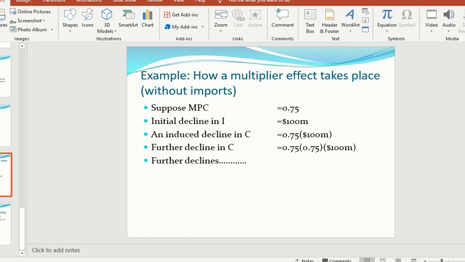Now we see that other people who are affected by Google will cut down on their consumption. By how much? Let's say the marginal propensity to consume is 0.75. So for every dollar change in income, a representative individual will change his or her consumption by 75 cents.